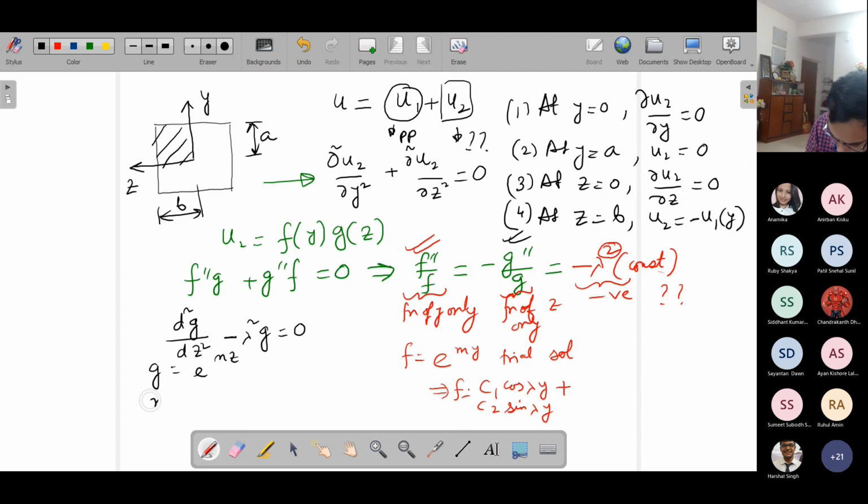So this will be n square minus lambda square is equal to 0. So n is equal to plus minus lambda. That means here the general solution will have e to the power lambda z and e to the power minus lambda z, their combination.